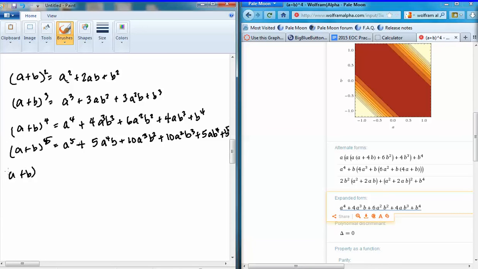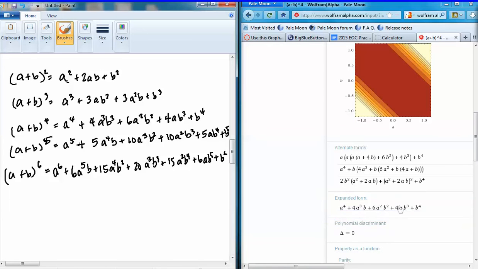a plus b to the 6th power. That is a to the 6th plus 6a to the 5th b plus 15a to the 4th b squared plus 20a cubed b cubed plus 15a squared b to the 4th plus 6ab to the 5th plus b to the 6th.